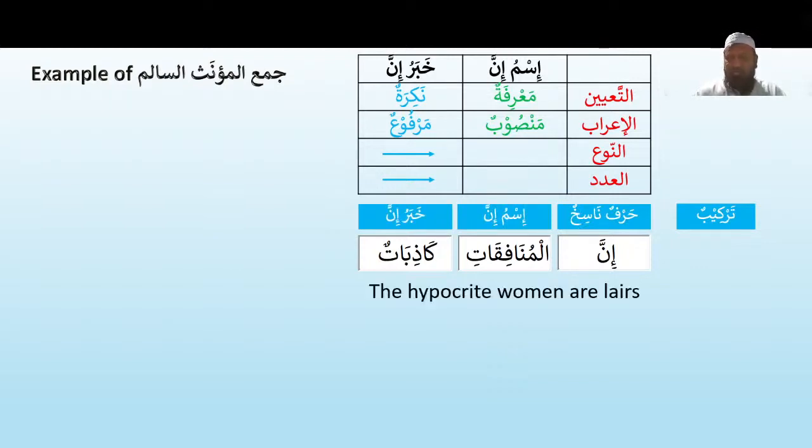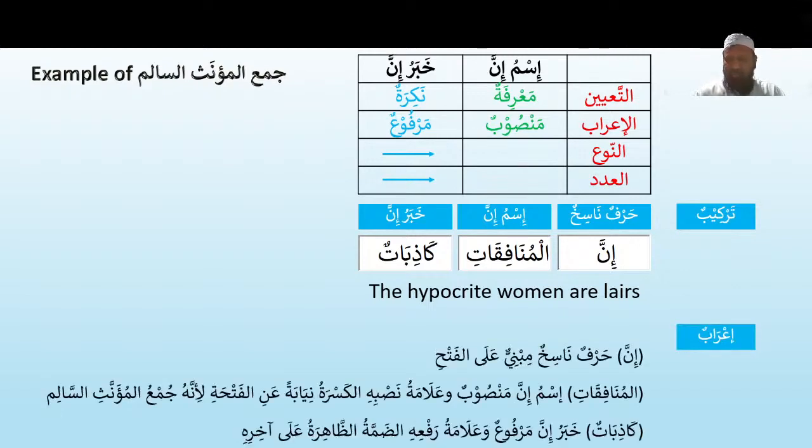كيف إن حرف ناسخ، المنافقات اسم إن، كاذبات خبر إن، عن إن اعراب. إن حرف ناسخ مبني على الفتح، المنافقات اسم إن منصوب وعلامة نصبه الكسرة نيابة عن الفتحة لأنه جمع المؤنث السالم.